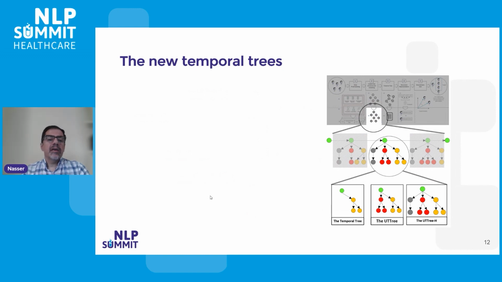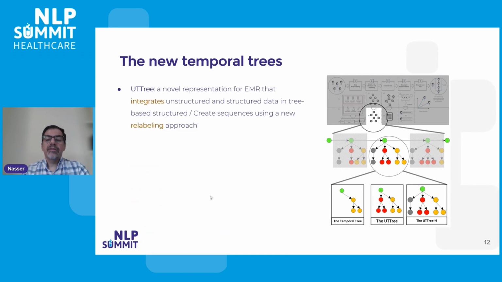Now we can delve deeper into how the new temporal tree is created. We offer two methods. UT3 is a novel method for extracting temporal data and constructing a tree from the EMR using both structured and unstructured data. It creates a tree and applies the relabeling method that will be discussed further.